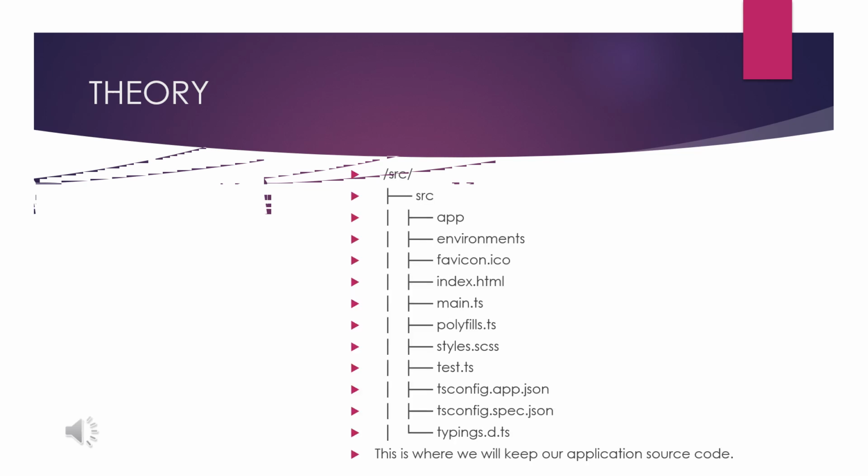This is the main folder here, the src directory. Inside this src directory, we have the app folder and then environments, the web icon .ico, which is the icon file, and index.html. It is the index.html file which is shown in the browser window.